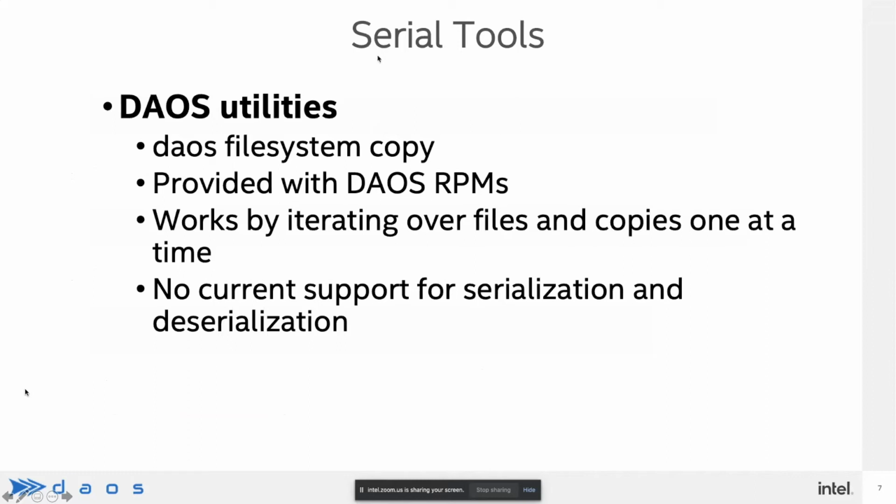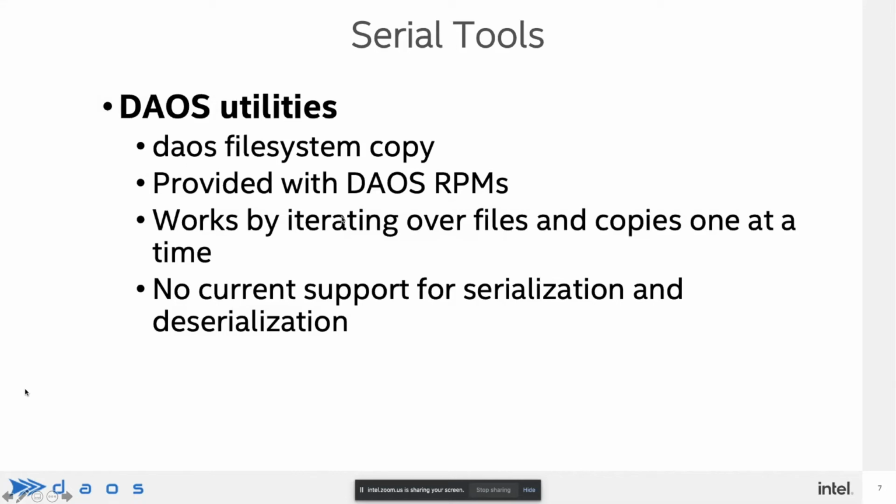There's also a serial tool that allows you to move data from POSIX to DAOS and back. This is specifically for POSIX data. It's provided with the DAOS RPM, so you don't need to do any separate installations or have MPI or anything like that.